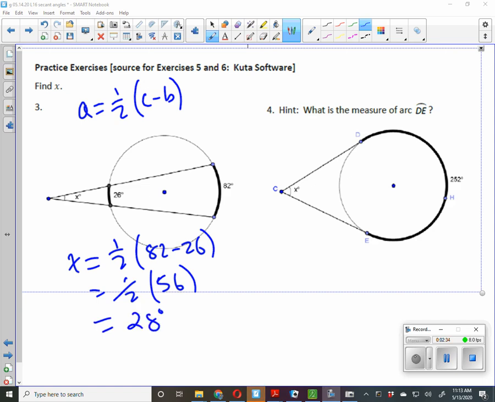That's not so bad. For problem number 4, you know that the total here was 360, so 360 minus 252 gives me 108 degrees.